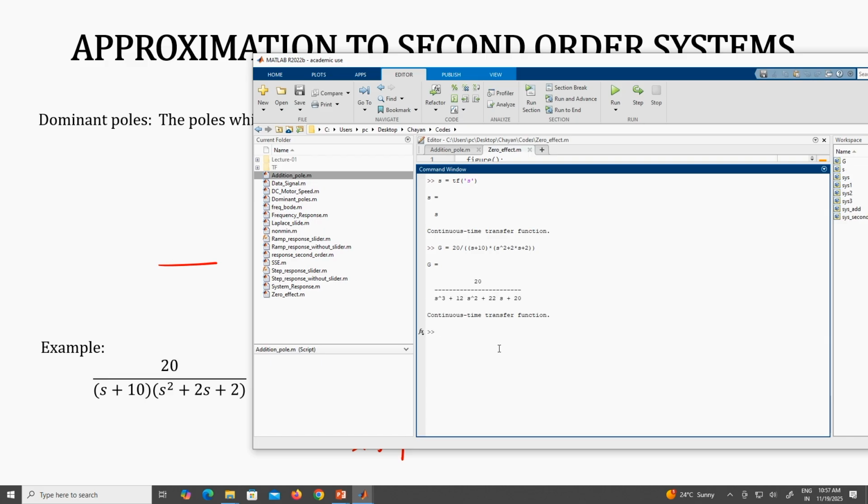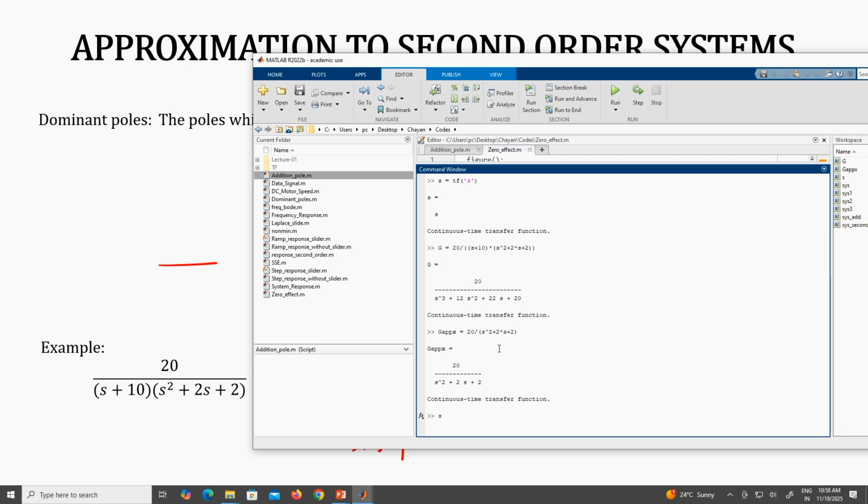This is the closed loop transfer function of the system. And what was the approximation? G approx is 20 by, I just got rid of the s plus 10 term, s square plus 2s plus 2. So, this is what it is.